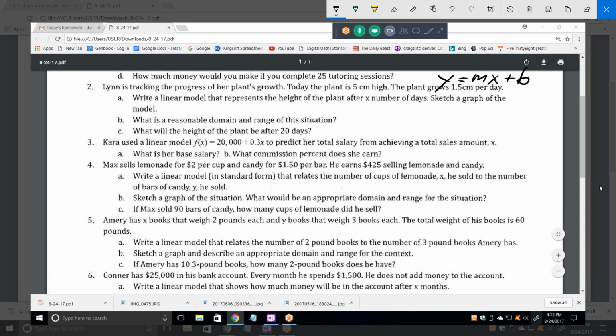The height of the plant. Good. What's x? The days. How many days have gone by? Okay. And what's the plant height when 0 days have gone by? 5 centimeters. Okay. So give me the equation that fits this model.